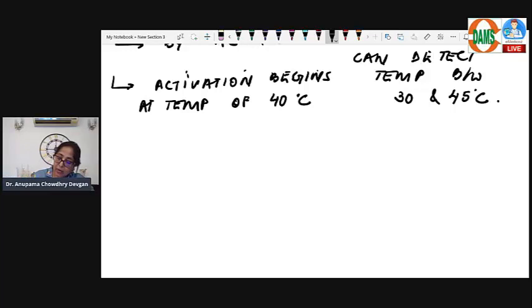Now, at 40 degrees Celsius, the cold thermoreceptors begin to get activated. The activation increases as the temperature goes below 40. Maximum activation of these receptors will be at a temperature of 24 degrees Celsius.